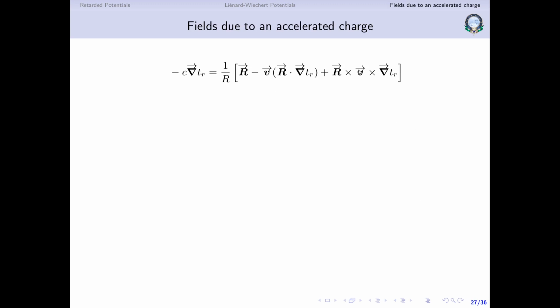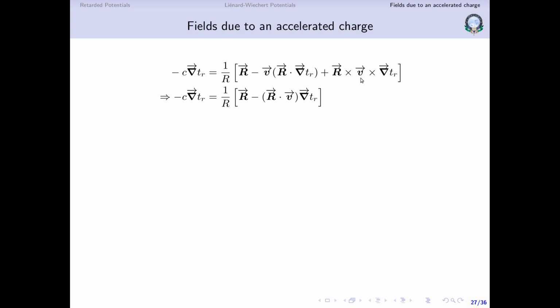Now look at this term. Here we have r cross v cross gradient of tr. Again we invoke our good old back-cab rule, because this is a vector triple product. a cross b cross c is equal to b into a dot c minus c into a dot b.